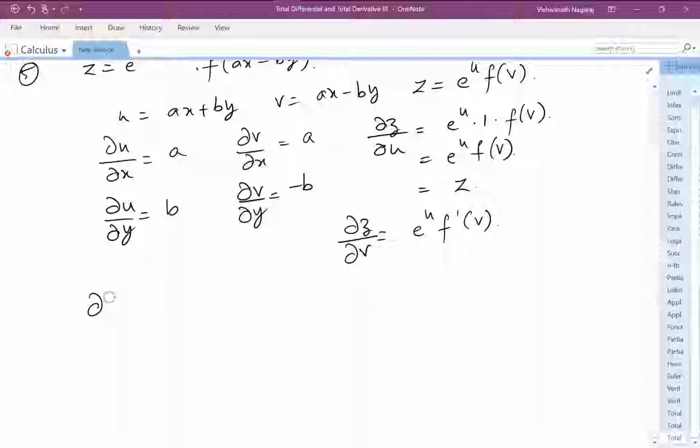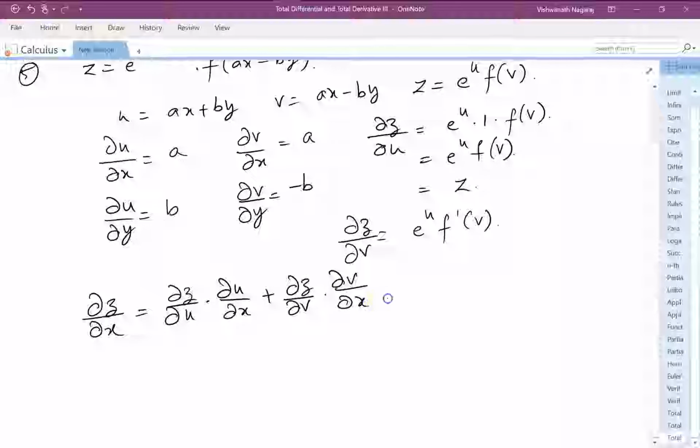Let's assemble them. So dou z by dou x is equal to dou z by dou u times dou u by dou x plus dou z by dou v times dou v by dou x.